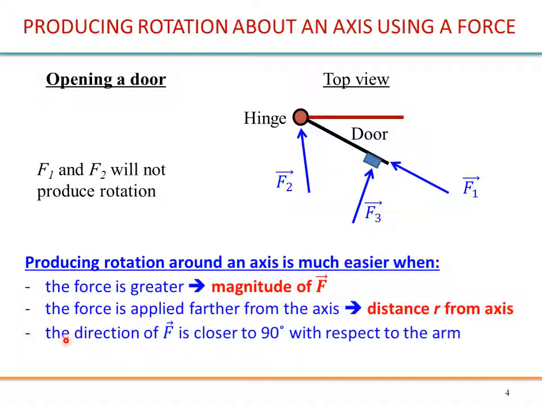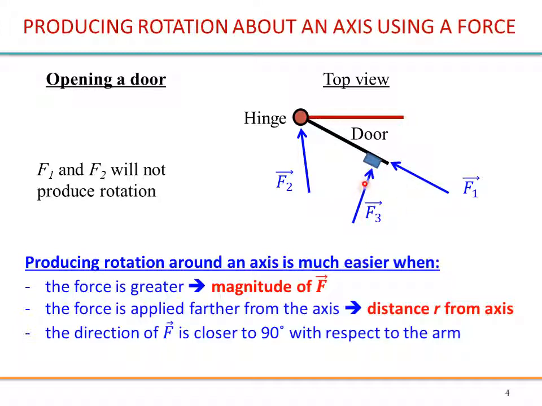Okay, so this condition is from the fact that F1 does not produce any rotation, even though it is applied very far from the axis, and it can be as strong as you want. So the angle with respect to the arm is also important. Here the angle is 0, and you have no rotation.